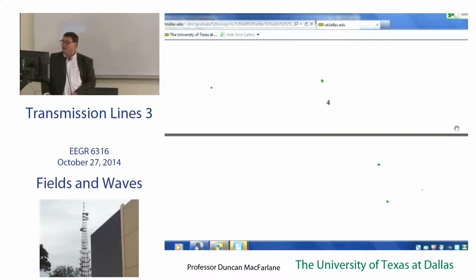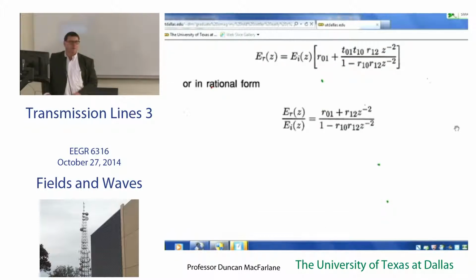Now if you've had DSP, these are the polynomial in your numerator, I think those are the B coefficients, and the polynomial in the denominator, those are your A coefficients. You factor those to get your roots, and those are your resonance conditions, and so on.